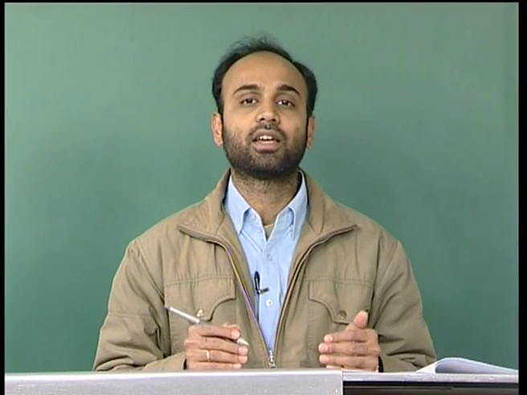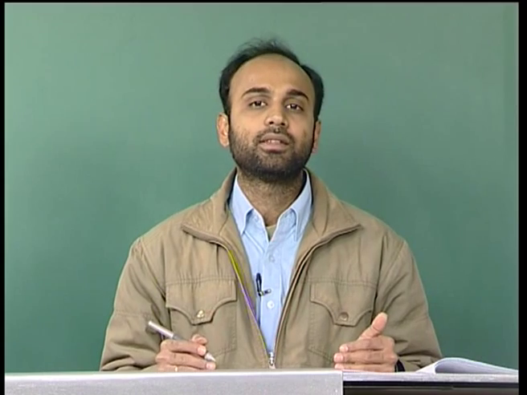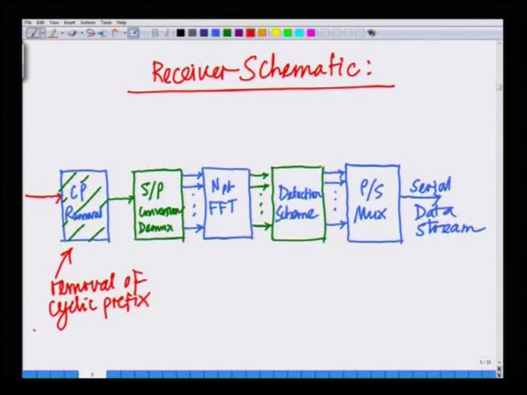Remember, the cyclic prefix is the initial part of the symbol. This is subjected to intersymbol interference, hence we remove the cyclic prefix, since it is subjected to ISI. And then this other new block is the detection scheme.